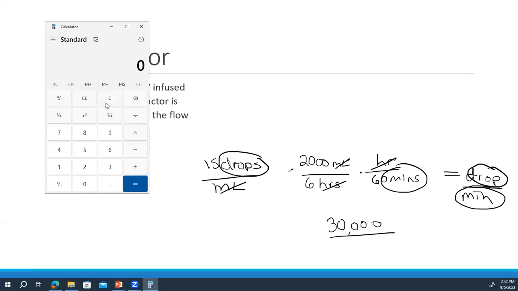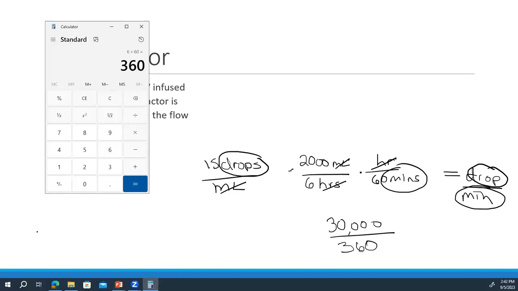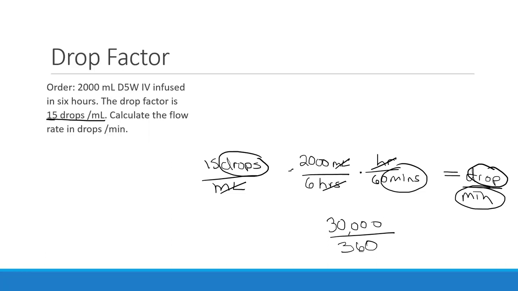Then I've got 6 times 60, which gives me 360. So I'm going to go ahead and write 360. Now we'll do what is 30,000 divided by 360. And that gives me 83.33333 repeating.